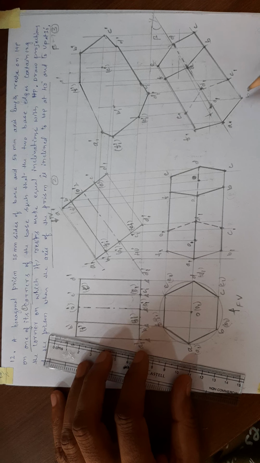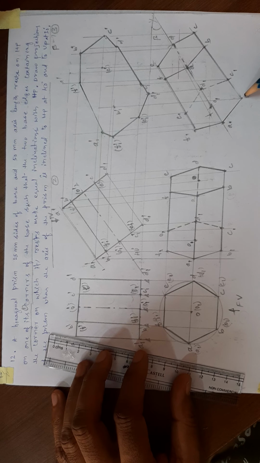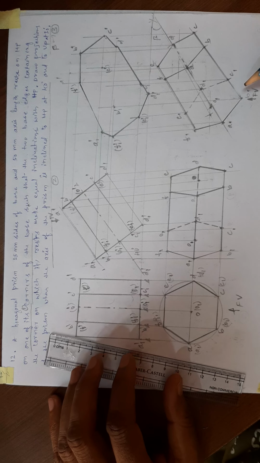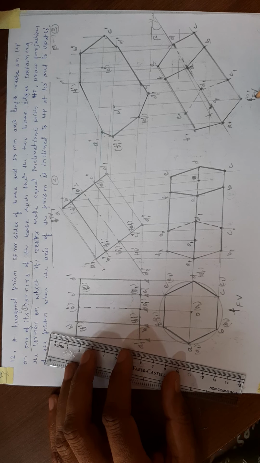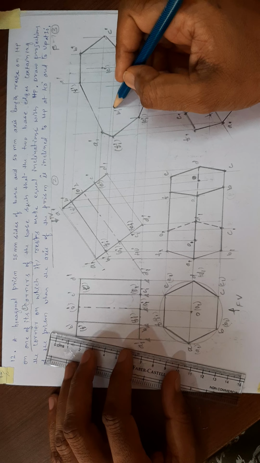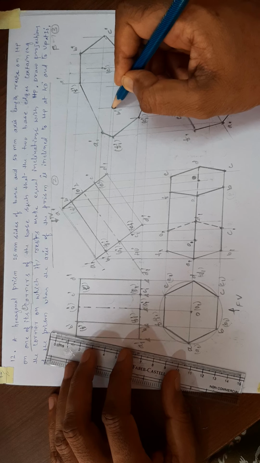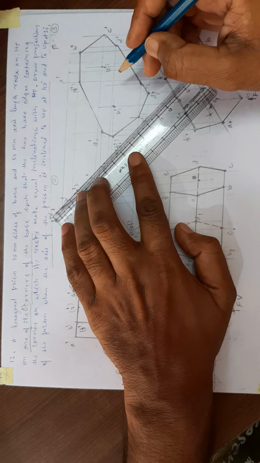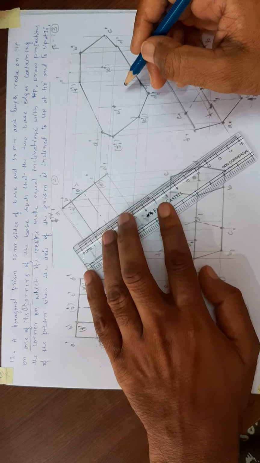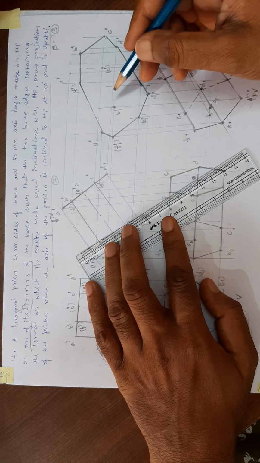Now next, so this is the front view. They already indicate the front view. The corner which is visible, see, the corner which is near to the front view is visible. So in the front view it is visible here. So all the edges passing through that corner are invisible. What are those corners?